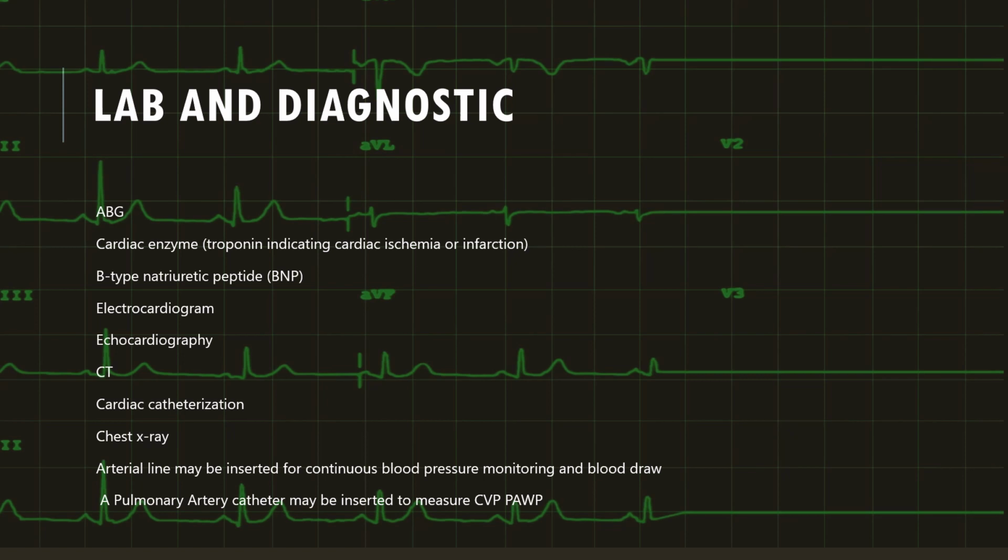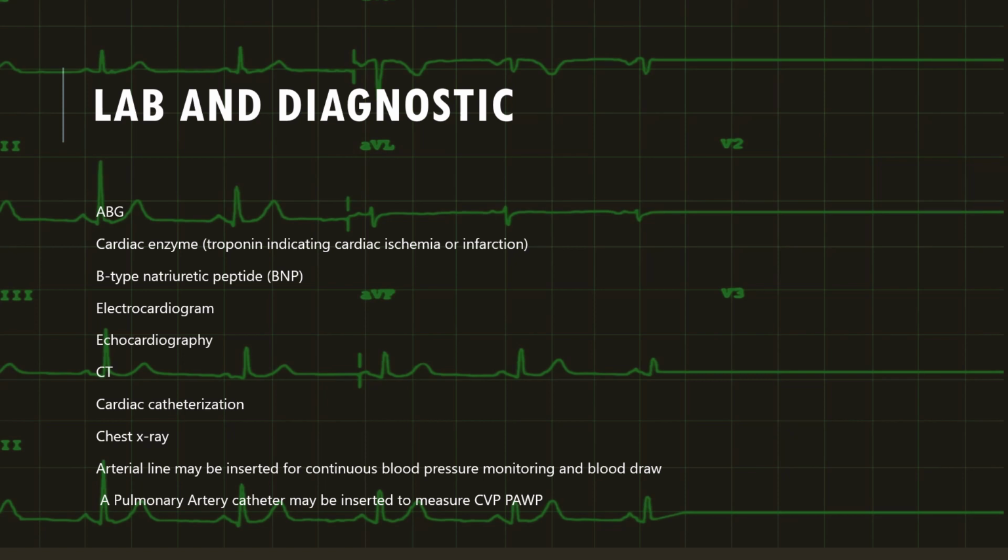We will also do an electrocardiogram. This will assess the heart rhythm changes associated with MI and dysrhythmia. Echocardiography also visualizes or examines the heart for cardiomegaly and evaluates cardiac contractility and function.